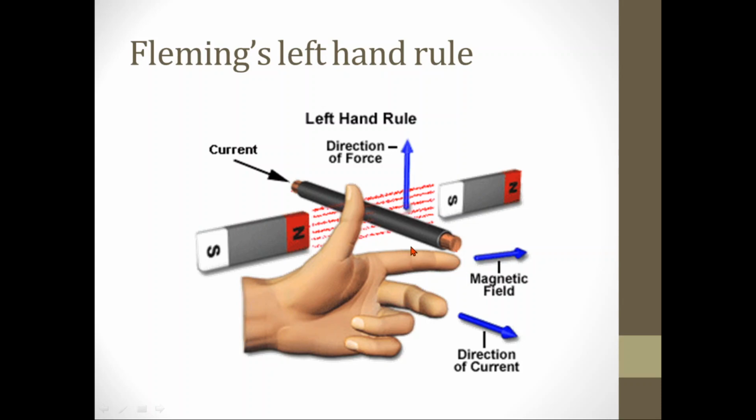Basically, the direction of the magnetic field is from north pole to south pole, and the middle finger represents the direction of the current. So Fleming's left-hand rule is very important in visualizing which direction the DC motor will rotate.